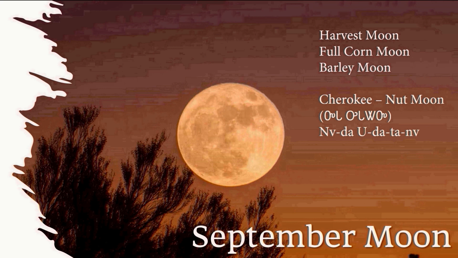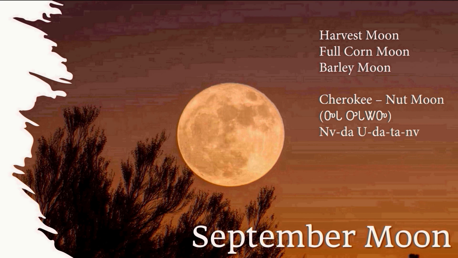The harvest moon refers to the time of the year after the autumnal equinox, when crops are gathered. It also refers to the moon's particularly bright appearance at early rise, which lets farmers continue harvesting into the night. The harvest moon typically occurs in September.